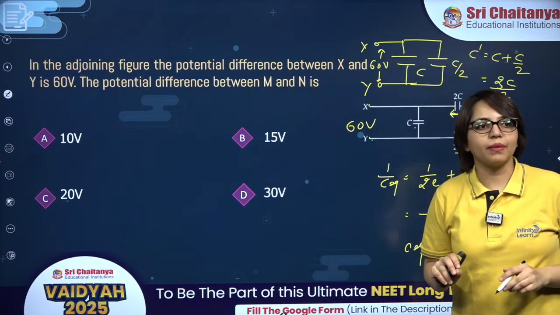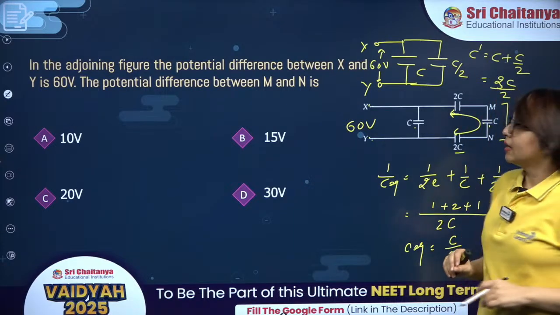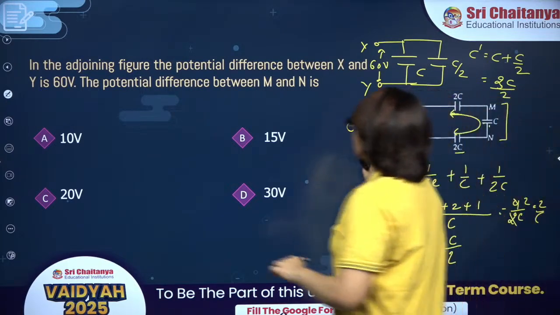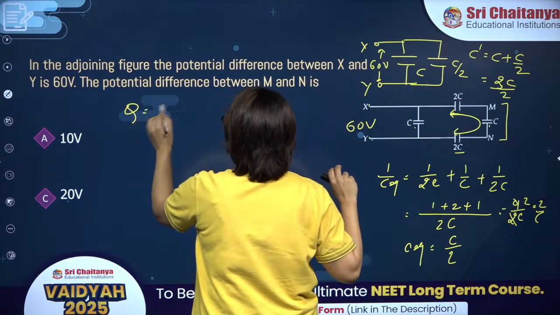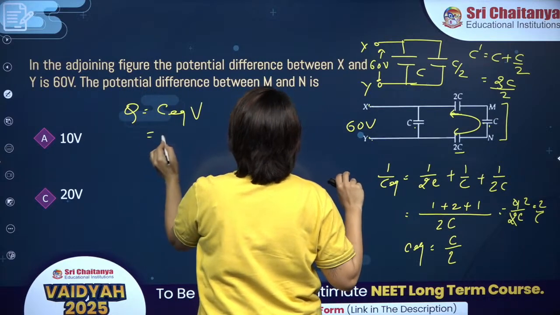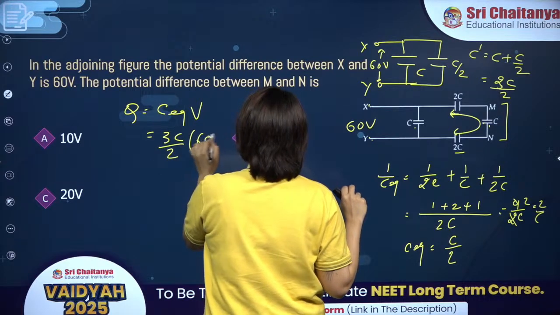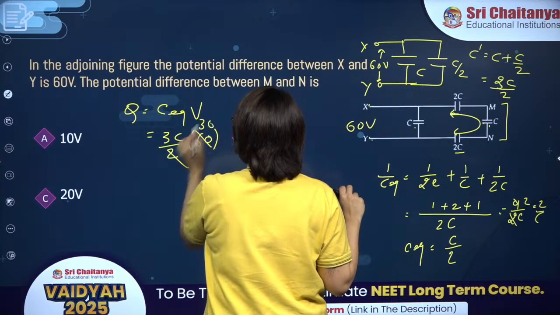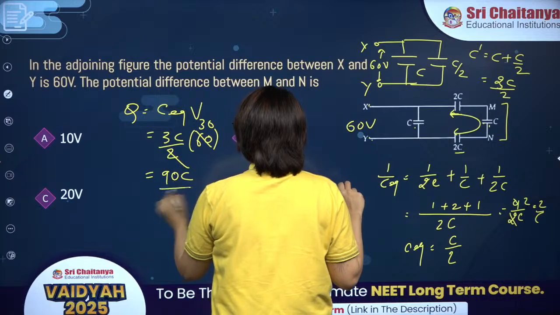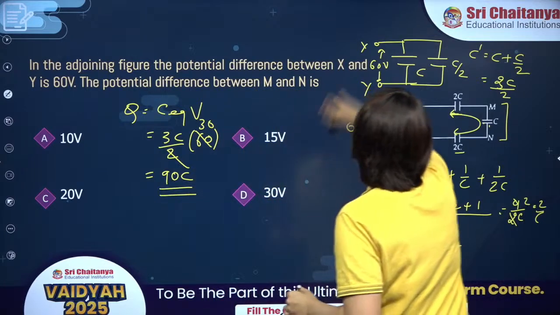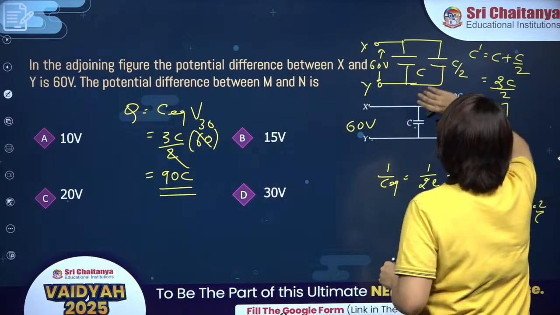That is the effective capacitor. Now the total charge supplied is C equivalent into V. C equivalent is 3C by 2 into V is 60, so it will be 90C. 90C is the total charge supplied to this combination.